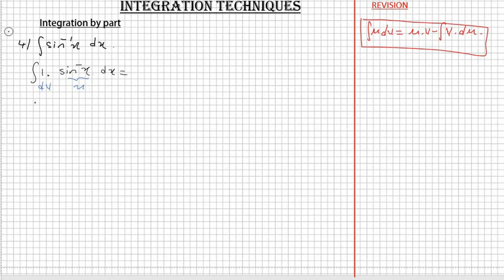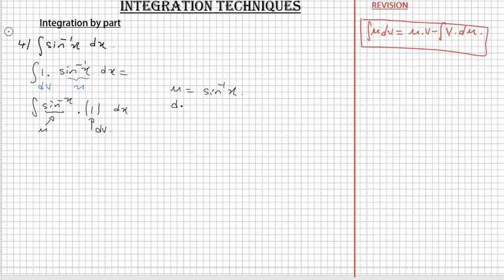Or what we can also do is just shift, we call it u, and this represents dv, and then dx. So the next thing is to find, I say u is equal to the inverse sine of x.